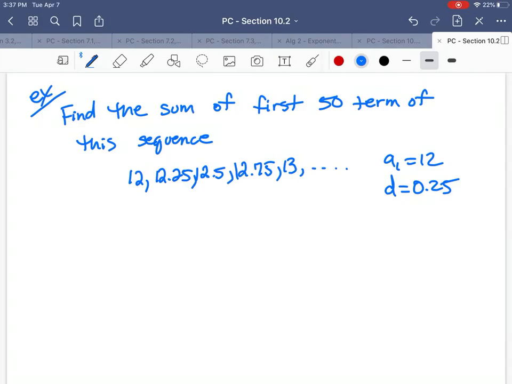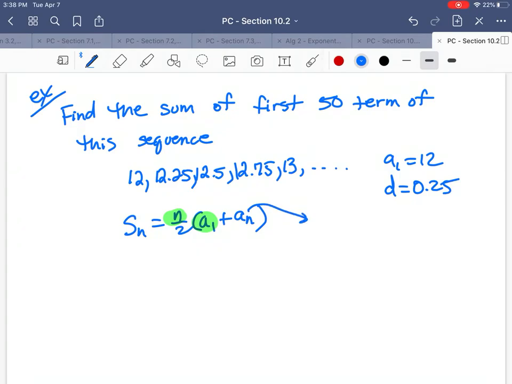The crappy part about this, though, is if I want to use my good old sum formula, n over 2 times a1 plus an, I have n, that's 50 things. I have a1, so I could plug in 12 for that. The only thing I don't have is an, the 50th number.